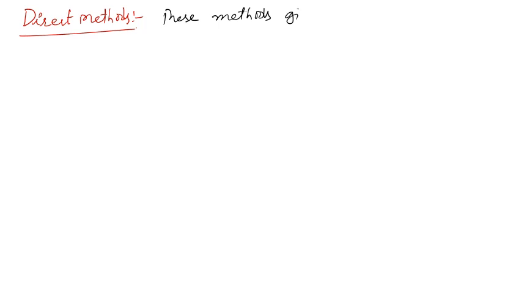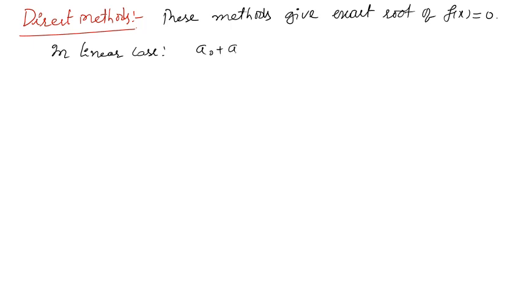First, let us see direct methods. These methods give the exact root of f of x equal to 0. As I told previously, in the linear case, a0 plus a1 x equal to 0 implies x equal to minus a0 over a1, which is the exact root.